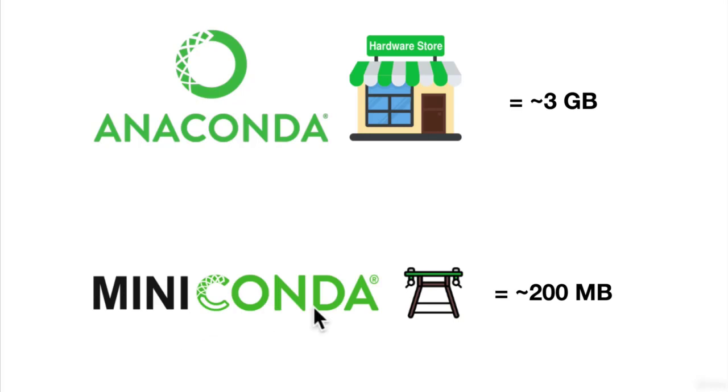This is where Miniconda comes in. Miniconda, remember, is like the data scientist's workbench. It starts with the minimum requirements to get started, such as Python and a few others. And because of this, it takes up about 10 times less space on your computer, coming in at around 200 megabytes. So to save space and to get started, we're going to use Miniconda.